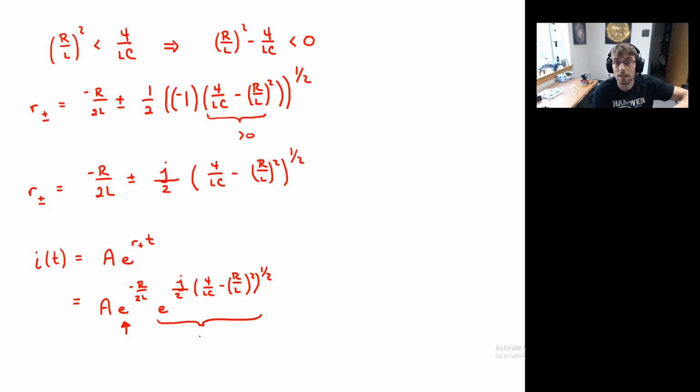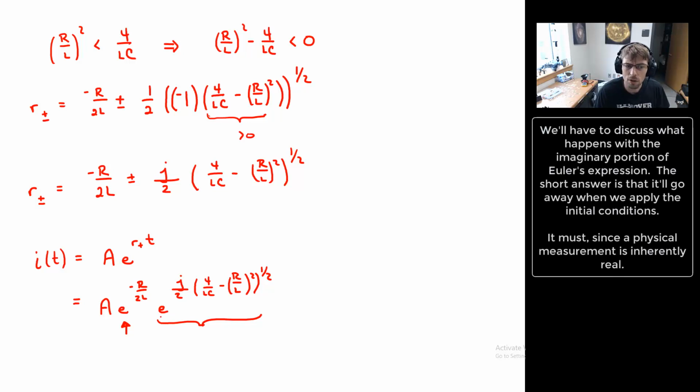This is a fancy way of writing sines and cosines. So this e to the j over 2, blah, blah, blah, represents some sort of oscillatory term. And so what can you think of when you take those two together? I have an exponentially decaying amplitude multiplied by some oscillatory term that stays constant in terms of amplitude.